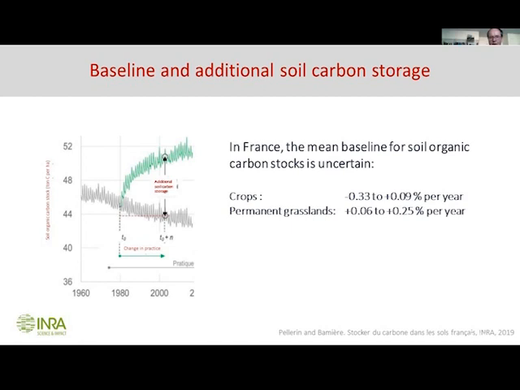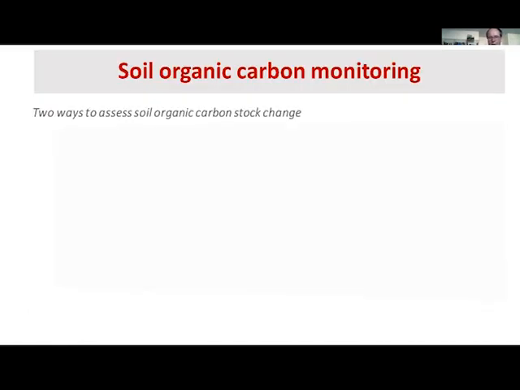For instance, in France, we estimate a range which is between -3.3 up to plus 0.9% per year for the baseline soil carbon stocks. This is for the topsoil, 0 to 30 centimeters, for the croplands. And we estimate another range, which is in that case positive, from 0.06 to 0.25% relative change per year in the soil carbon stock for the grasslands.